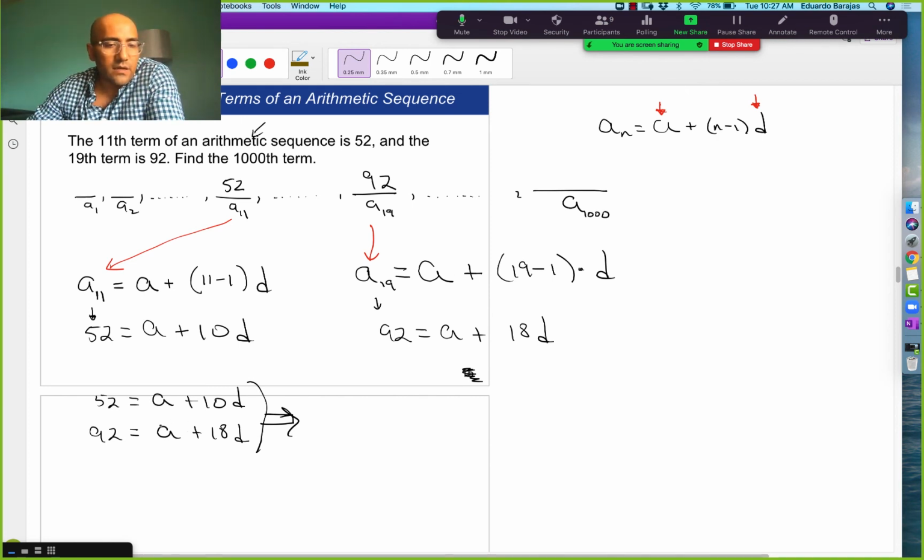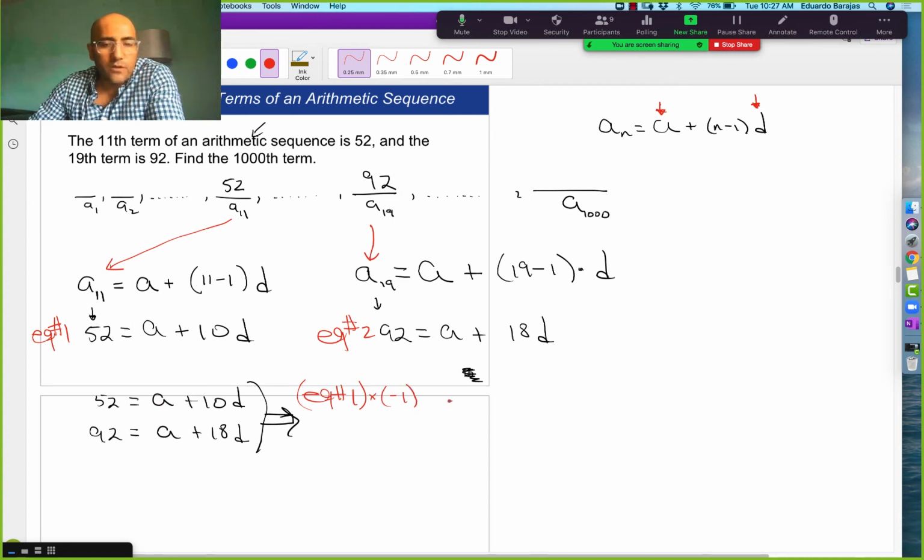And since I just have a positive A here, it makes sense to multiply this equation, so let's call this equation number 1 and equation number 2, I'm going to take equation number 1 and multiply it by -1. That way I get a minus A there.